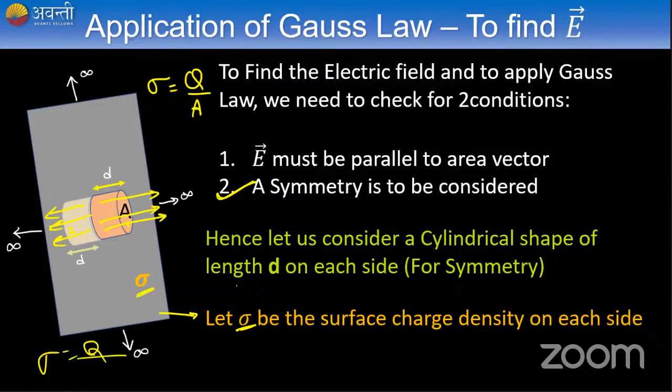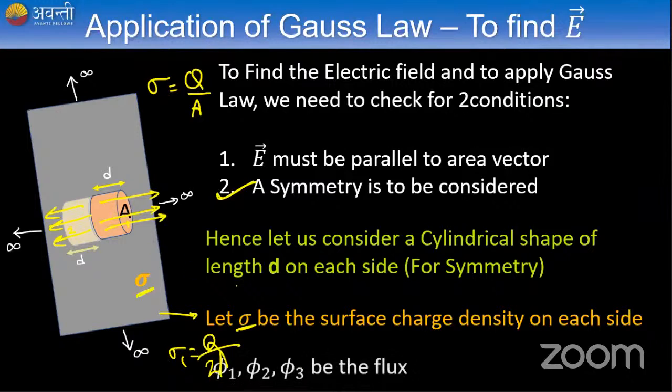It was not epsilon naught. I'll write here: sigma 1 is equal to q by 2A. So this was my surface charge density on one side of the plane. Yes, correct, Madhavi, correct, Bhargav. So, Madhavi, please check that it's q by 2A, not 2 times q by A.